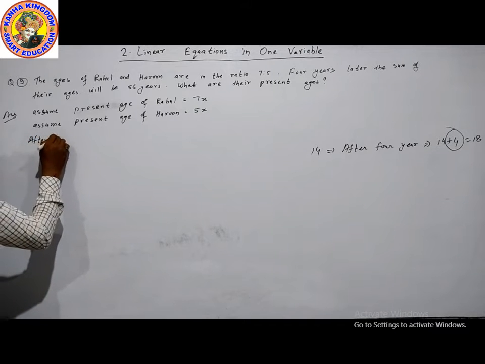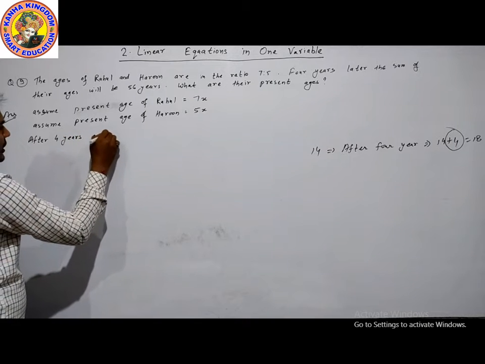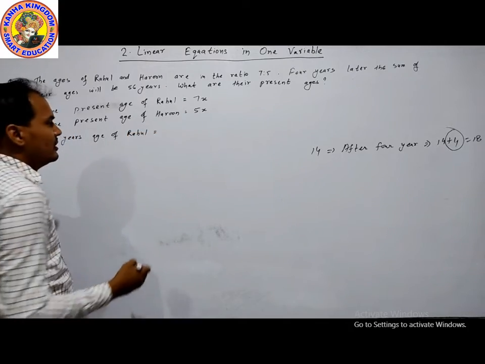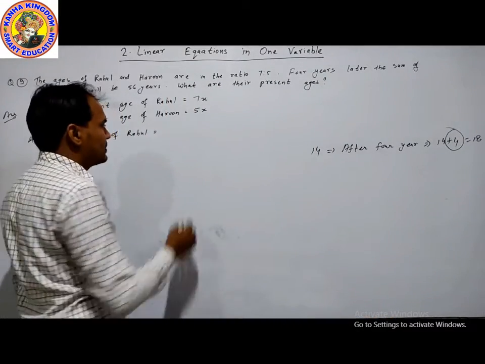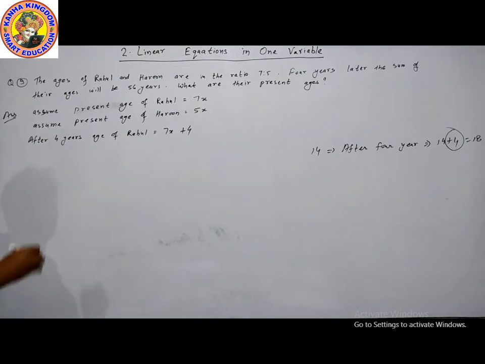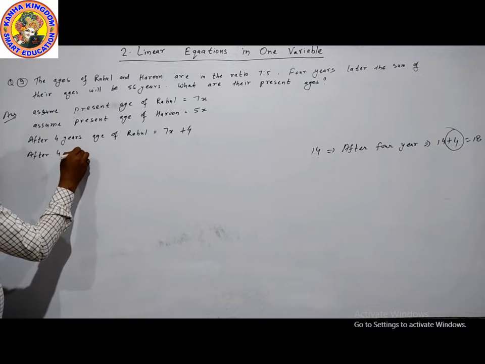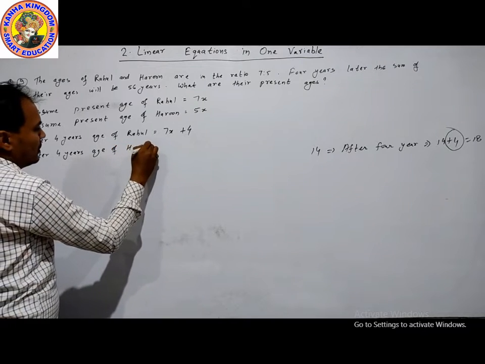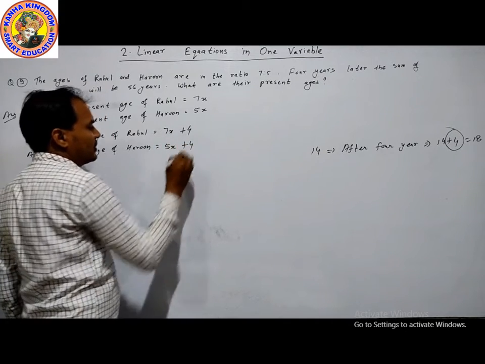After 4 years, the age of Rahul will be present age plus 4. The present age is 7x, and after 4 years it is 7x plus 4. After 4 years, the age of Harun, whose present age is 5x, is 5x plus 4.